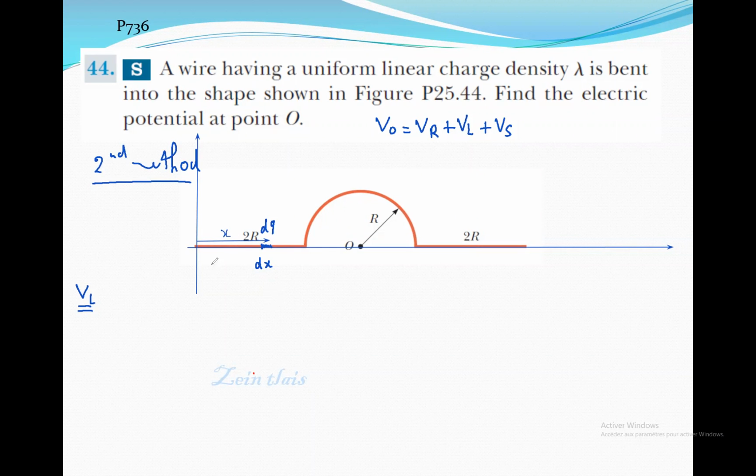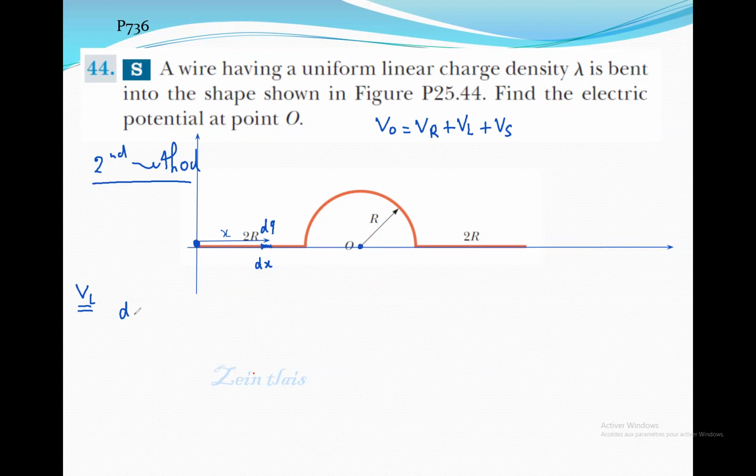Okay, we have x, and you know, dq will create at the origin. I need at the origin, okay, at O. Here, if you want, we can say point P, because I need to calculate the total electric potential at this point. Anyway, we can keep it O. Okay, here we have O, and here we have the origin.